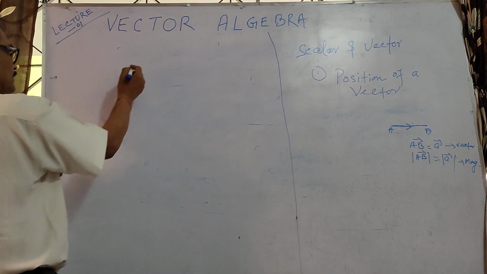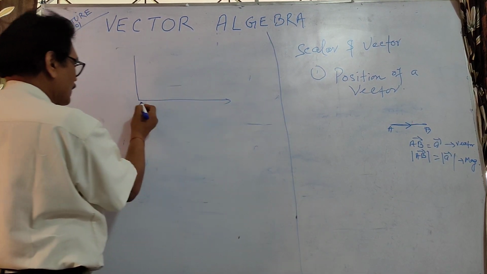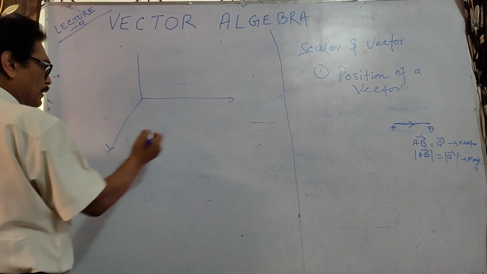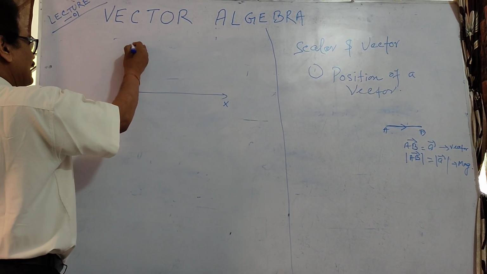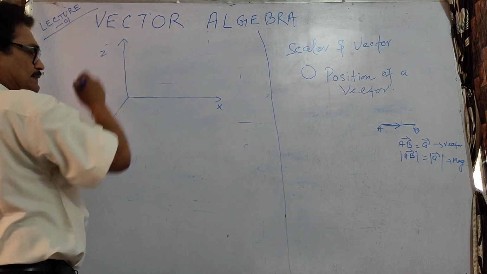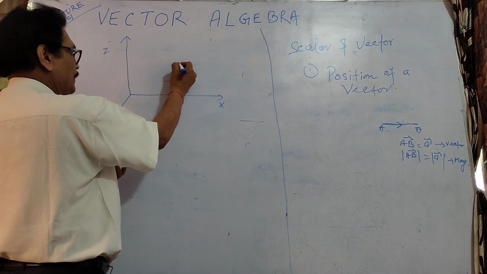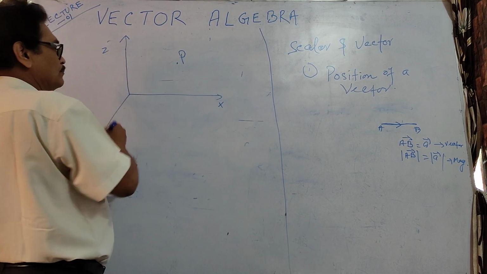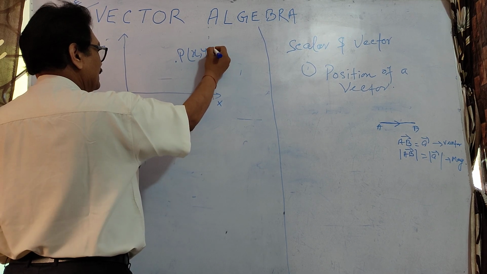For this three-dimensional axis, x-axis, y-axis, and z-axis. Suppose the point P, its coordinate is x, y, z.